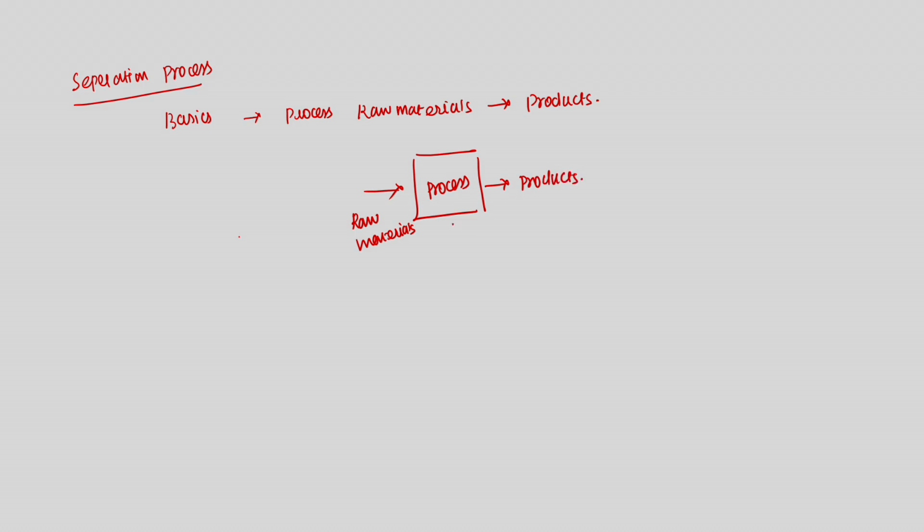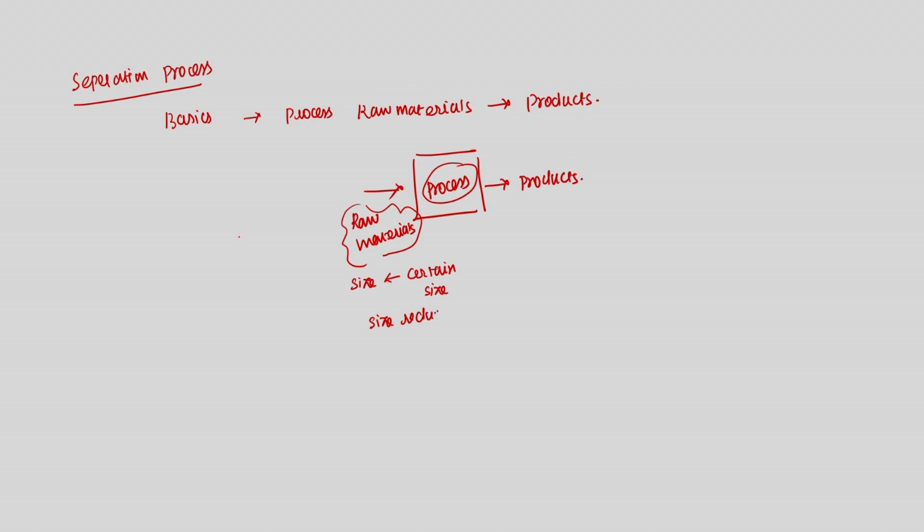My process requires raw materials in some form. For example, we need a certain size of raw materials. If my size is too big, the contact surface area will be very small. In that case we process the raw materials, and the unit process is size reduction.